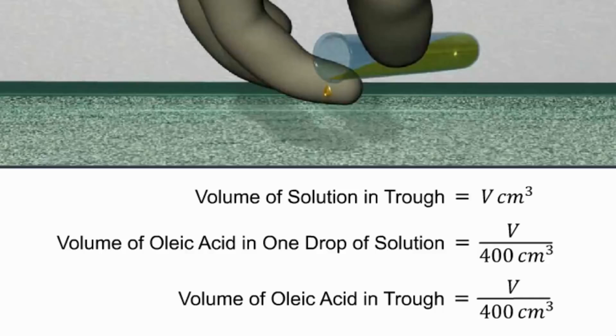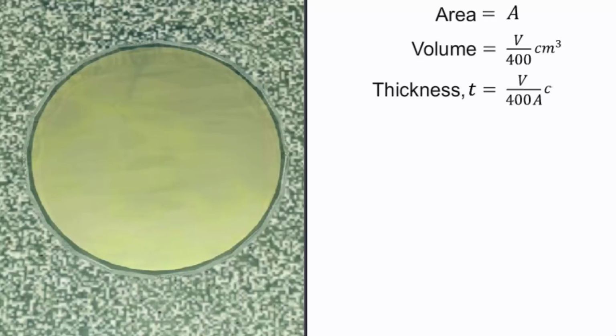Now that we have the area and volume of the thin circular film, we can get its thickness, T, as the ratio of volume to area. T is equal to V/400 A centimeter.